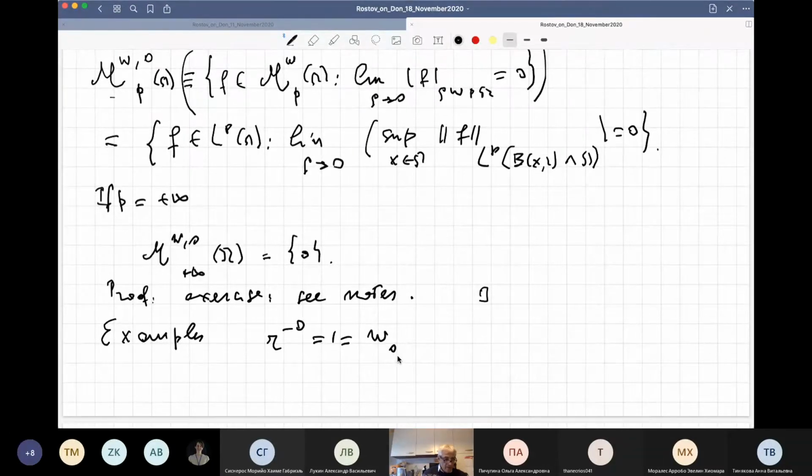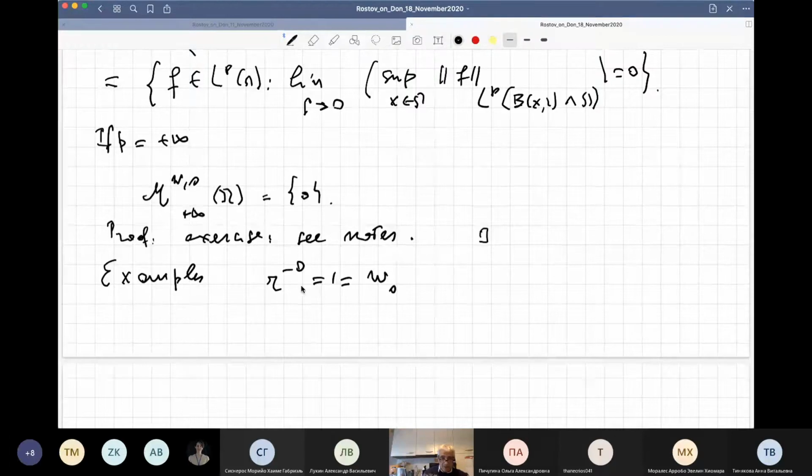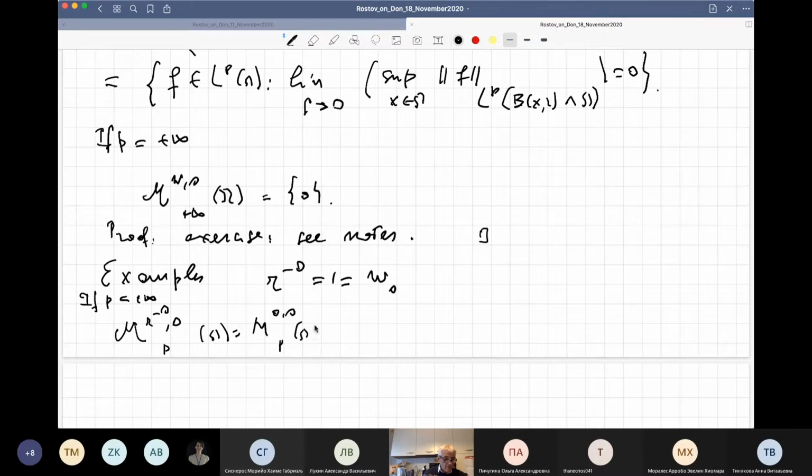In both cases, the assumptions of the previous proposition apply, because infimum is 1 and supremum is 1. And we concluded that, if P is less than plus infinity, then the Morrey of R to the minus 0, comma 0, P omega coincides with the Morrey M00 P omega.